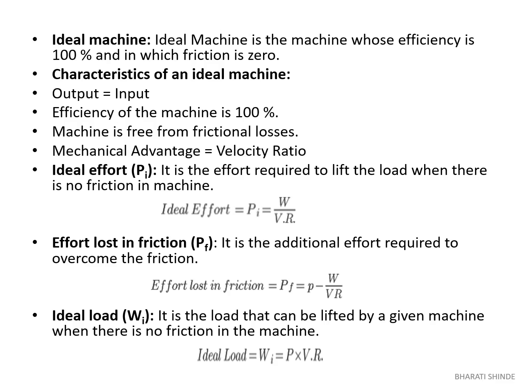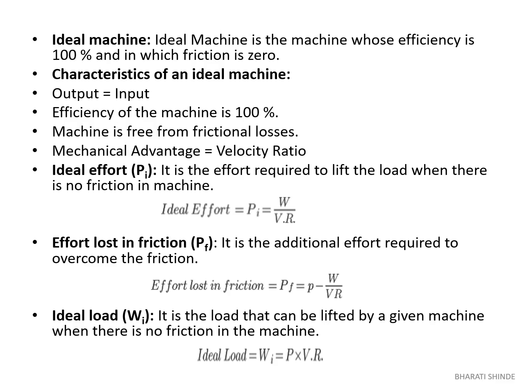Therefore, as we know, efficiency of a machine is always less than 100%. The next characteristics: the machine is free from frictional loss and mechanical advantage is equal to velocity ratio. Then the next term we will see is ideal effort, that is PI.